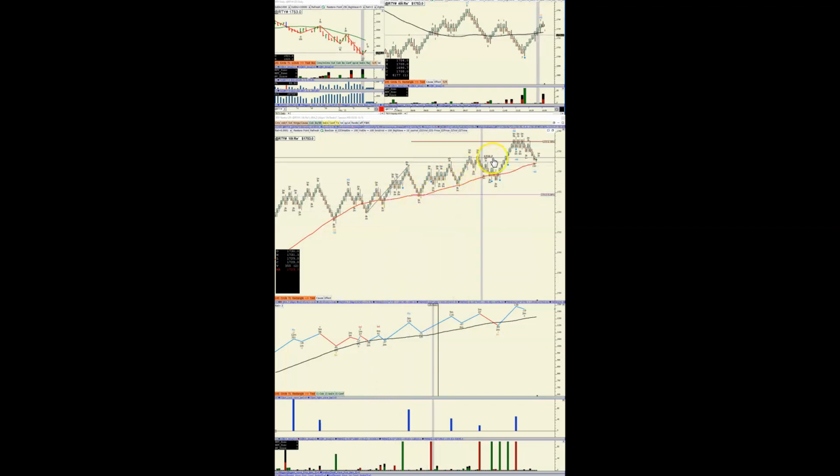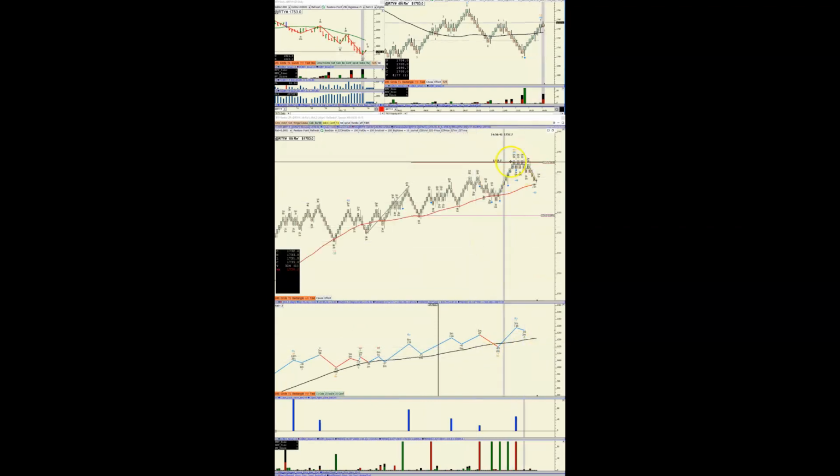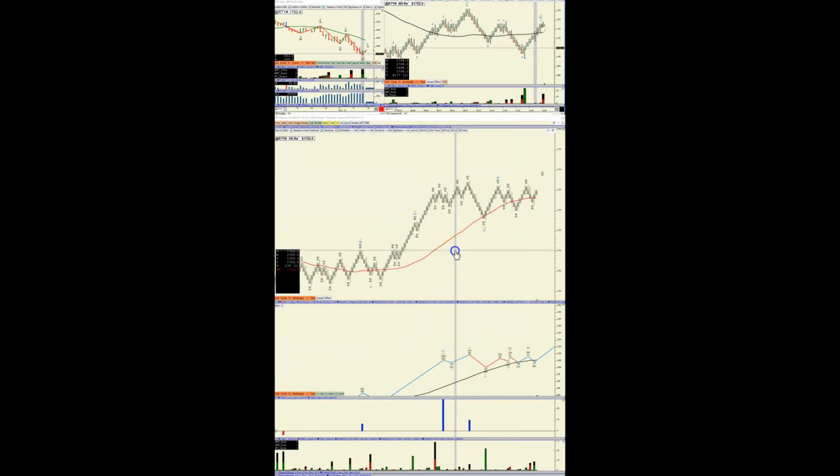Tap and go. And here's a lot of selling pressure. It's end of day. So, I mean, this isn't rocket science.